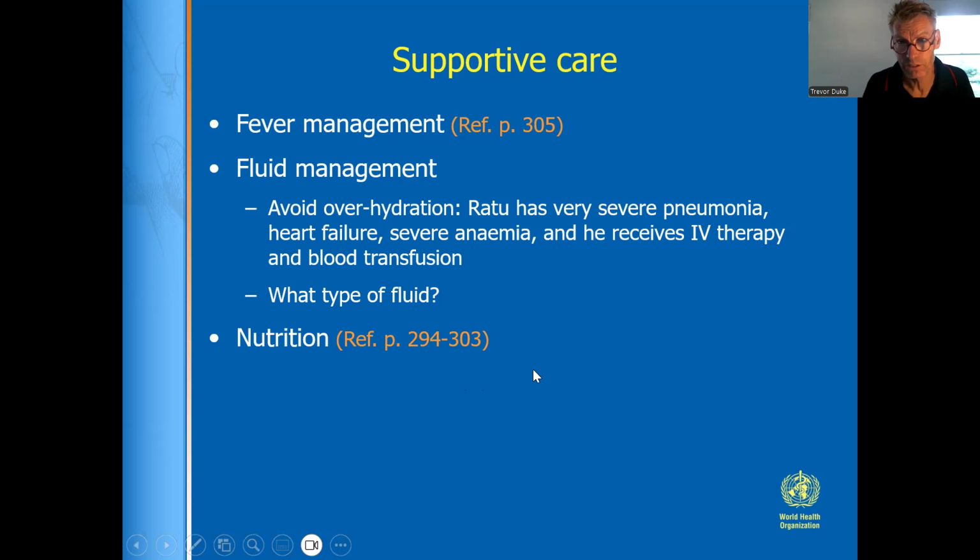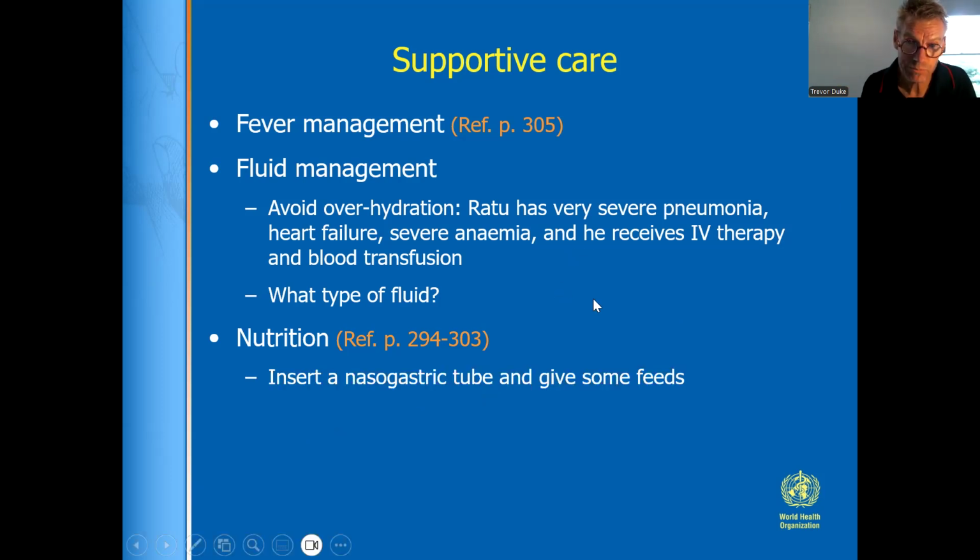Once he's had a blood transfusion and is better after 12 or 24 hours, then start him on some nutrition. To start with, that would probably be down the nasogastric tube, or if a baby's breastfeeding and their respiratory distress is settled enough, then they can be breastfed again.